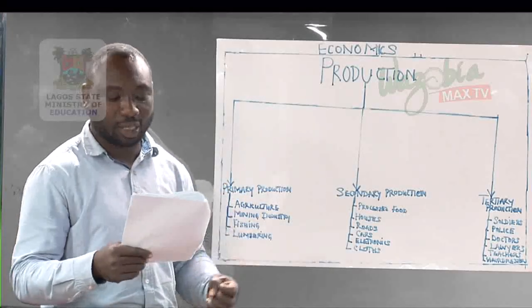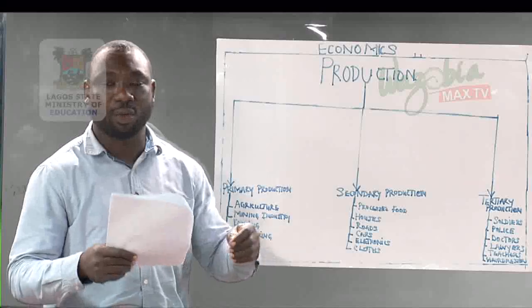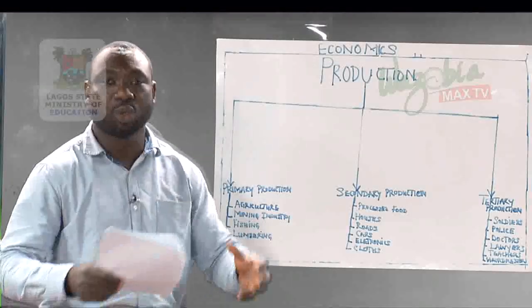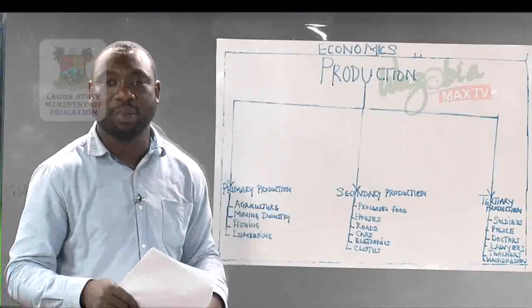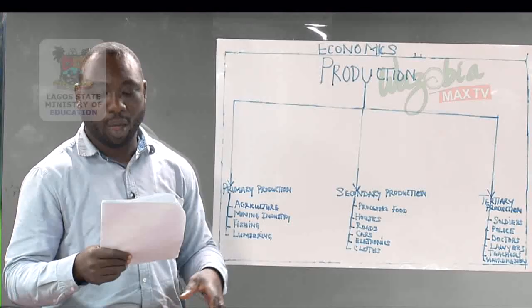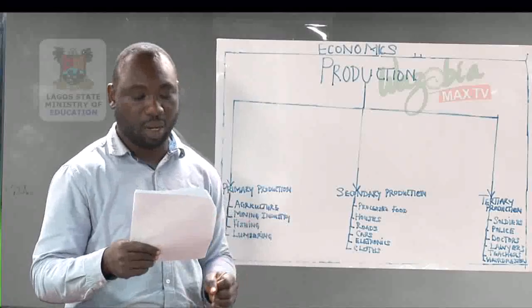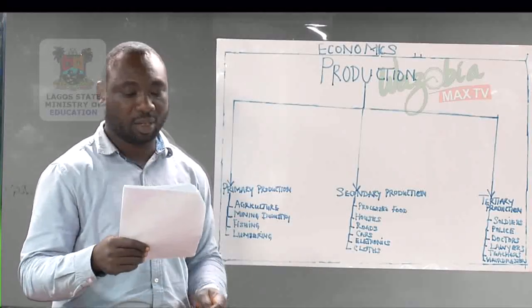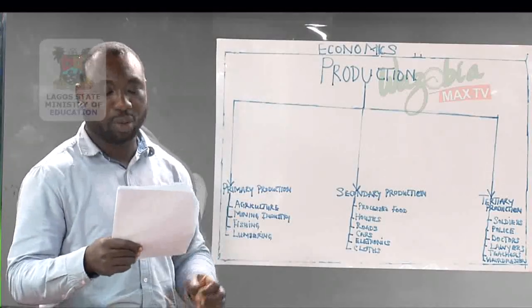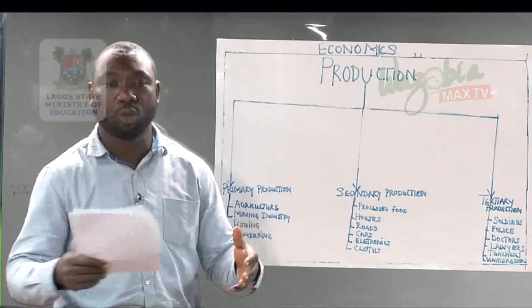lumbering. The secondary production is where what we have already extracted is taken to the industry. We now transform it into finished goods. Examples of finished goods are processed food like garri, rice, houses, roads, cars, electronics, and the clothes we wear.